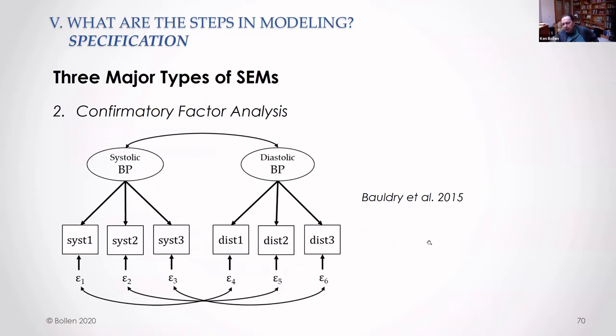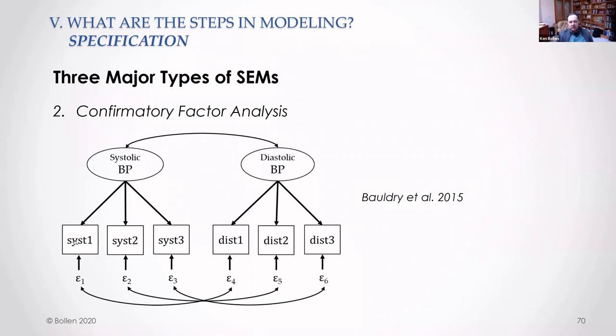This is an example of an article that colleagues and I did analyzing blood pressure. In this data set, we have two latent variables, the systolic blood pressure and the diastolic blood pressure. In this data set that we analyzed, they had 3 measures taken for each person in the sample, fairly close to each other, in both the systolic and diastolic.